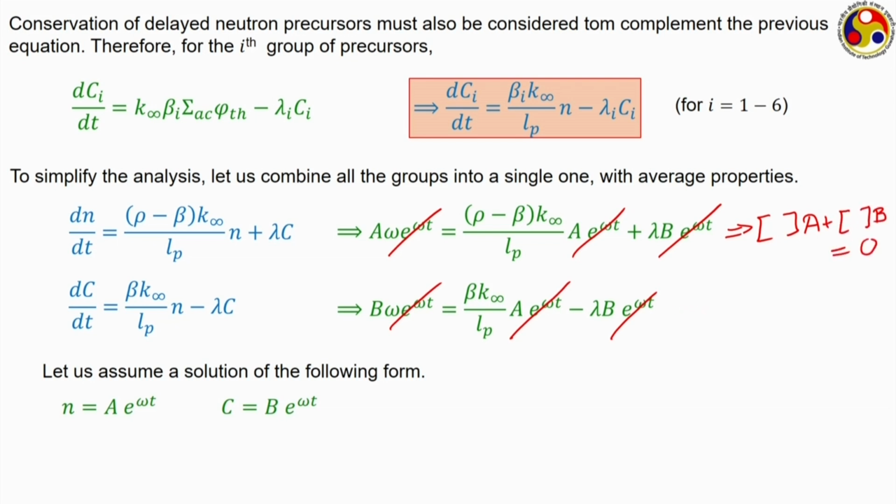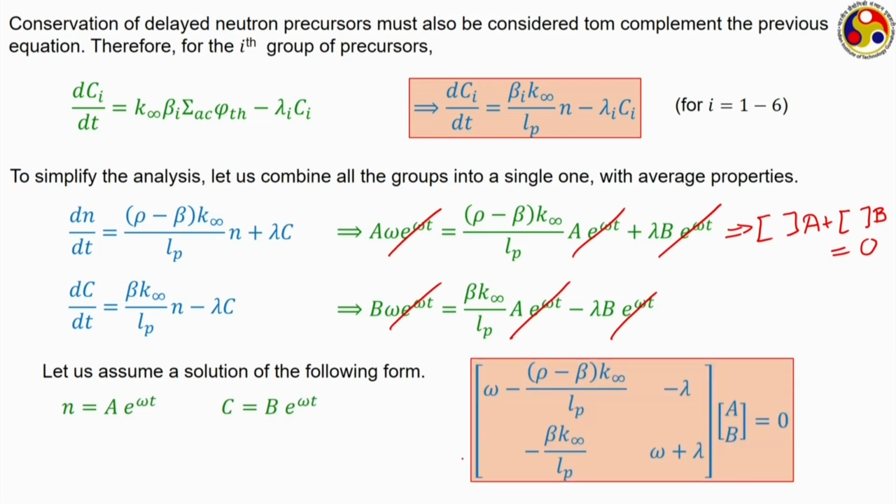Similarly for the other equation also, and we arrive at this particular matrix form, where we have omega, lambda, rho and beta, and also k infinity involved, and definitely you have the prompt neutron lifetime l_p. So, this one will help us to identify the expressions for a, b and also omega.